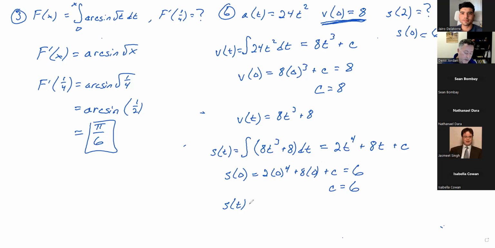So now you have your particular function for position: 2t to the fourth plus 8t plus 6. And now you can plug in t equals 2 and get the position there, as long as you do the arithmetic right.